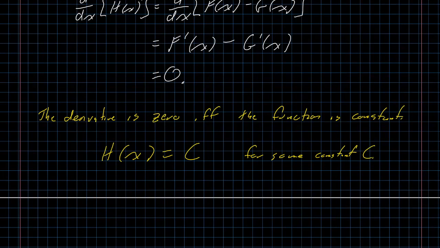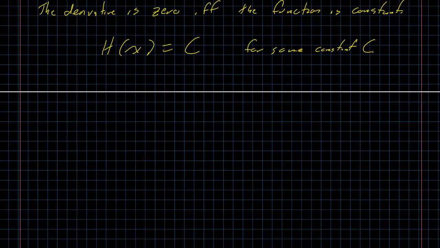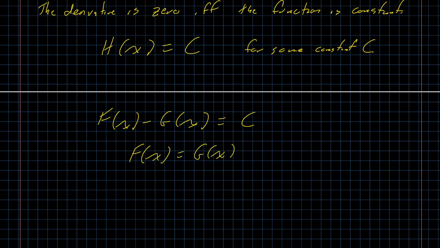Right? Could be positive, could be negative, could be 0. I don't know. All I know is that c is constant. But that means that f of x minus g of x is equal to that constant, which means that f of x is equal to g of x plus c, just adding g of x to both sides of the equation.